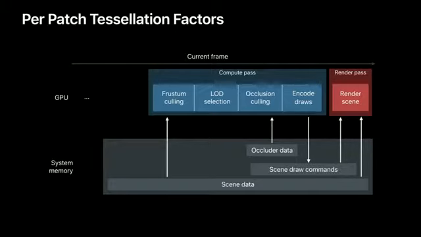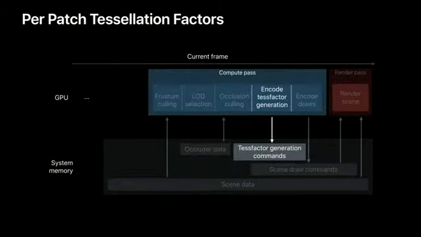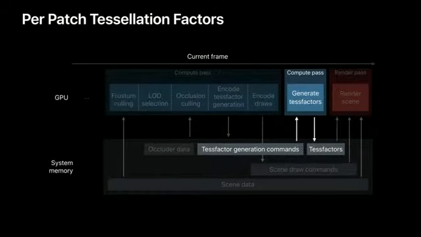For example, after a thread determines an object is visible, it can encode dispatches for tessellation factor generation into an indirect command buffer. And then those commands can be executed in another compute pass before the main render pass. So GPU-driven dispatches combined with GPU-driven draws lets us build more flexible GPU-driven pipelines. So we built a sample to show you what we talked about in action. Let's take a look.